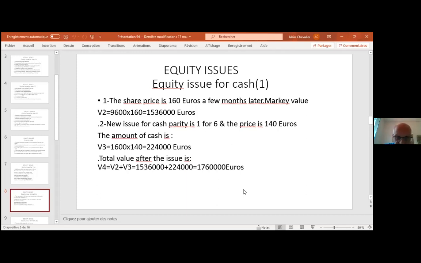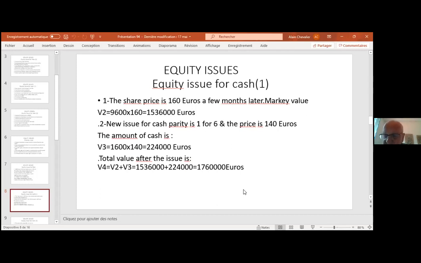Now, it's not a tremendous modification, but it's not exactly the same price. So if you want to calculate the market value of the company, which is V2 here, just at the time of the announcement of the second issue, you have to take into account the price of 160, which is the last market price just before the announcement. And of course, you multiply the 160 by the number of shares.